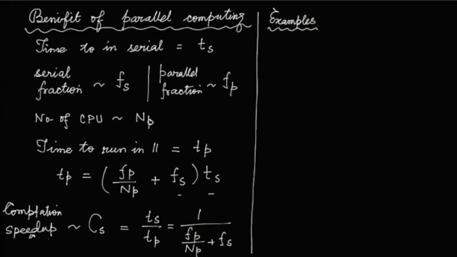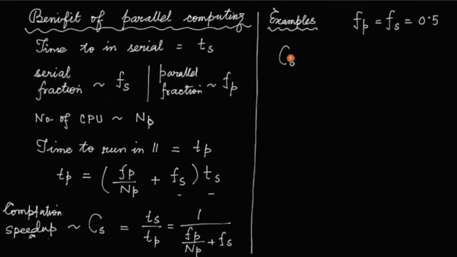You see, this relation that we come about is very simple, obviously, but it tells us a lot of things. Let's say that I have a program where half can be parallelized, and half cannot be parallelized. So both of these fractions are 0.5. Then what is the value of CS?